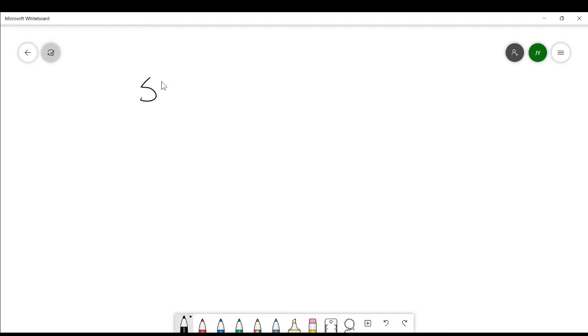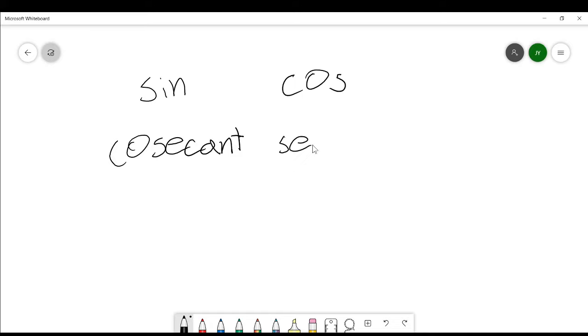So we have sine here. A common notation that you definitely need to know is cosecant for sine. And for cosine, secant. And for tangent, cotangent.